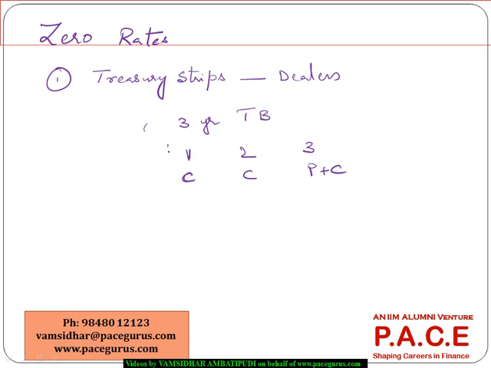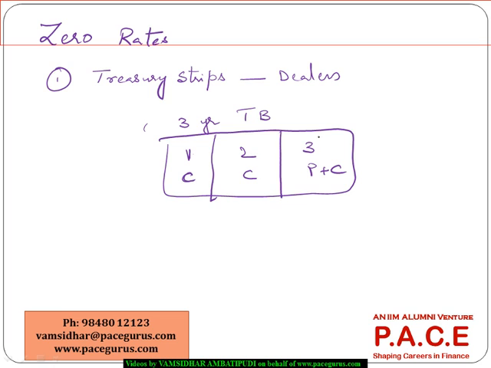Now, a dealer who has purchased this particular bond can strip this bond and sell them as different instruments. So out of this he creates 4 instruments matching the cash flows of the bond.